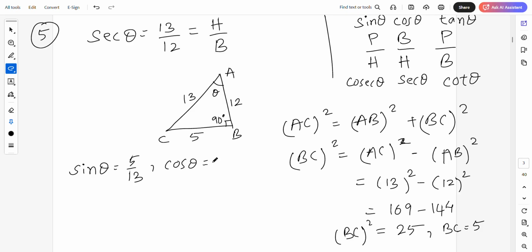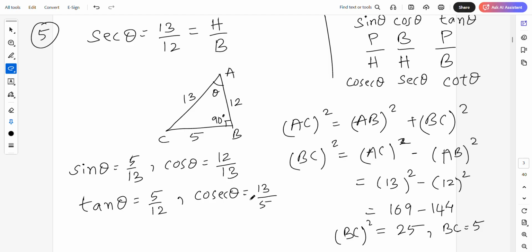Cos theta is base by hypotenuse, that is 12 by 13. What is tan theta? Tan theta is perpendicular by base, that is 5 by 12. What is cosecant theta? Just write down the reciprocal of sin, that is 13 by 5.